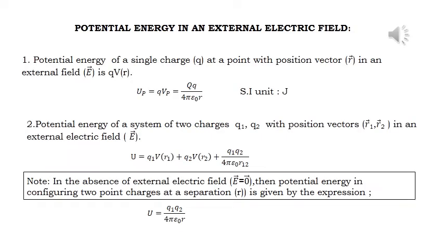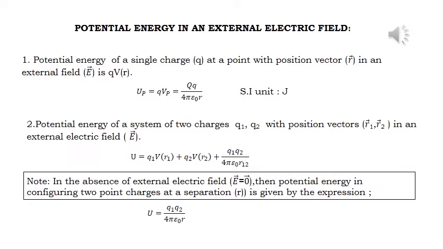Now let us discuss potential energy in an external electric field. First, the potential energy of a single test charge in an external electric field is the product of the test charge and the potential at that point. So Q into V of R, and UP equals Q into VP, that is capital Q into small q by 4 pi epsilon naught R, and the unit of potential energy is the joule.